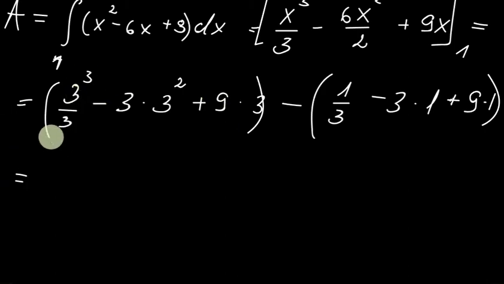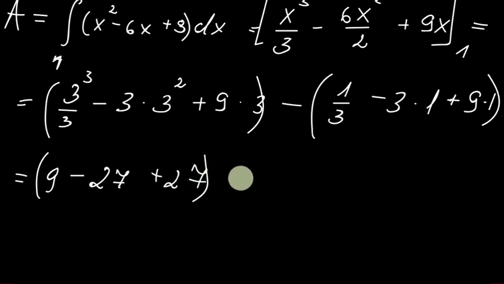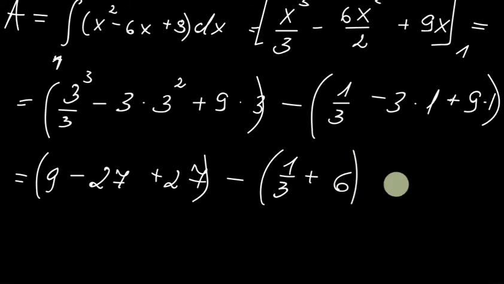So this will give us 9 minus 27 plus 27 minus 1/3 plus 9 minus 3, so it's 6. This 27 minus 27 leaves 9, so this leaves 9 minus 6 and 1/3.